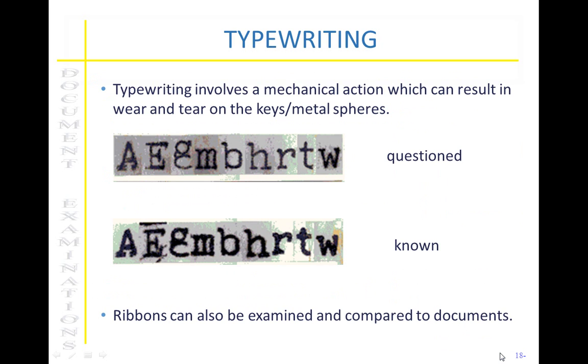So it's generally going to be the mechanical actions that's going to make the documents a little bit more unique in the comparison of the characteristics. So they would be looking for wear and tear specifically to the keys and to those metal spheres to more individualize that typewriter.